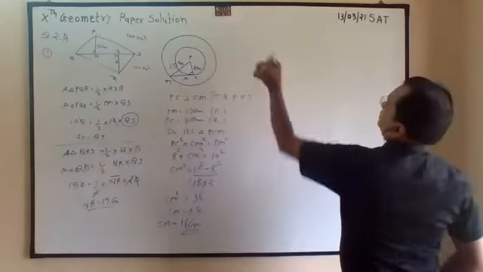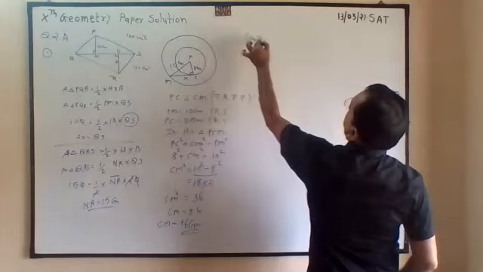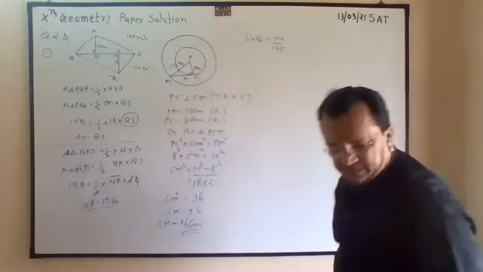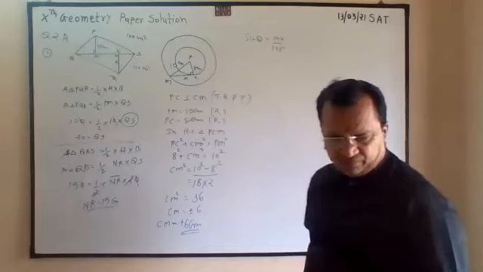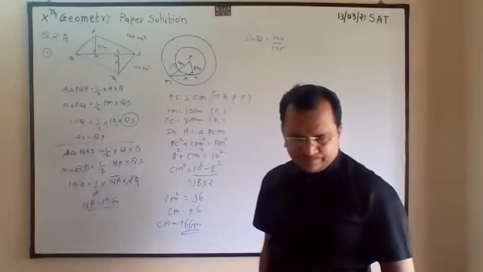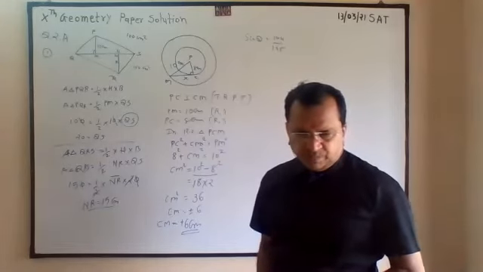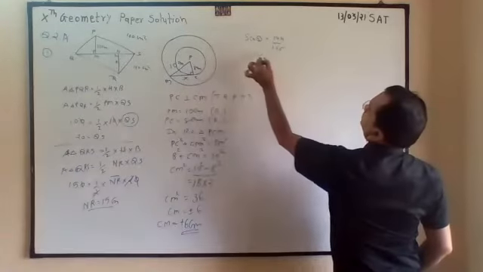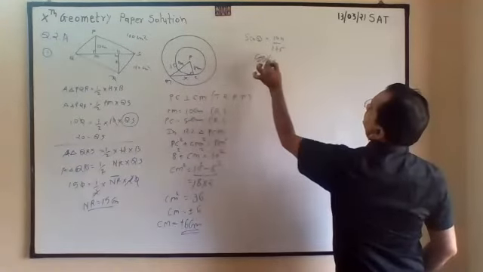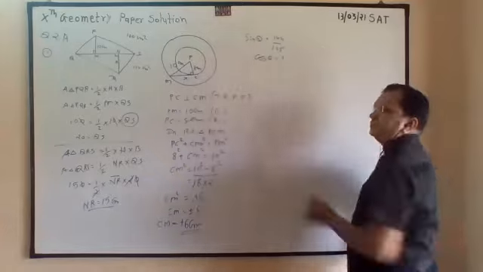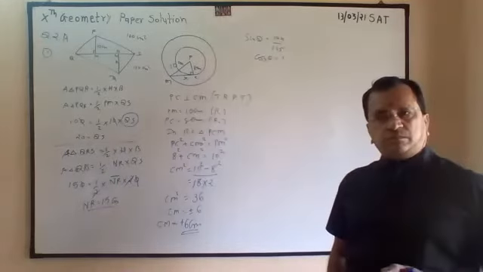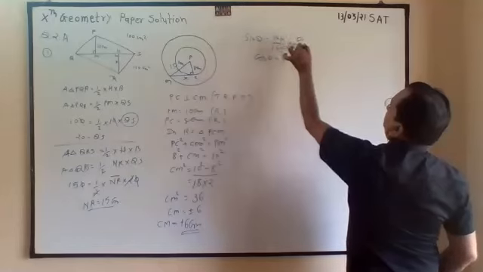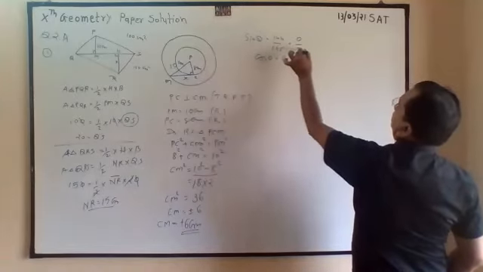Sin theta is given as 144 by 145. Find cos theta. Sine means opposite by hypotenuse.